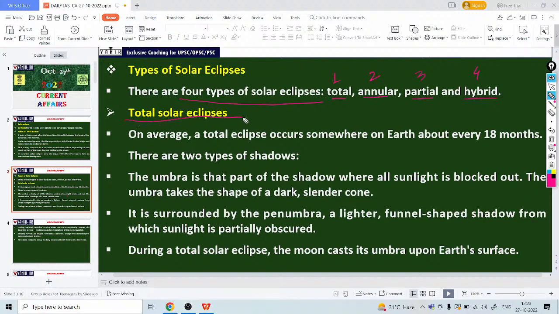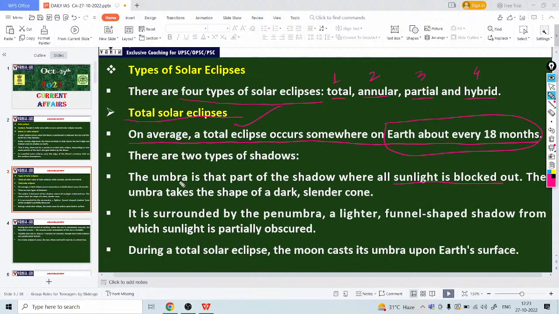Total solar eclipse, on average, a total eclipse occurs somewhere on Earth about every 18 months. That is total solar eclipse. The umbra is part of the shadow where all sunlight is blocked.